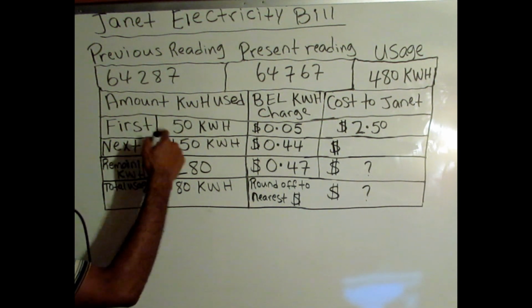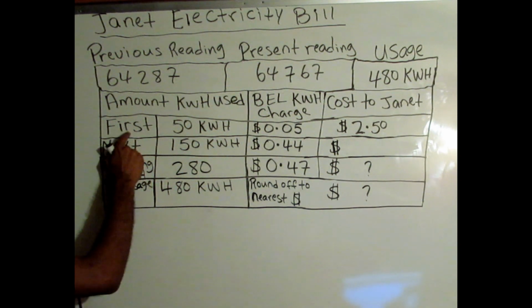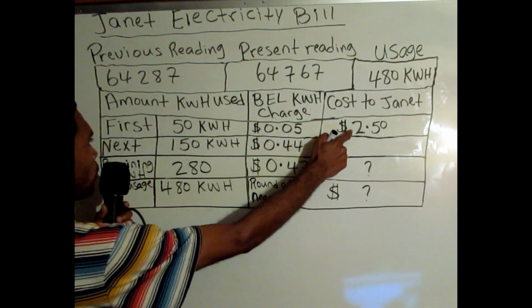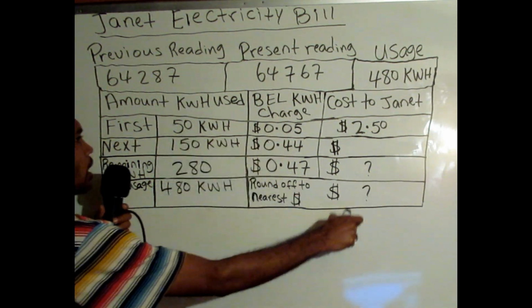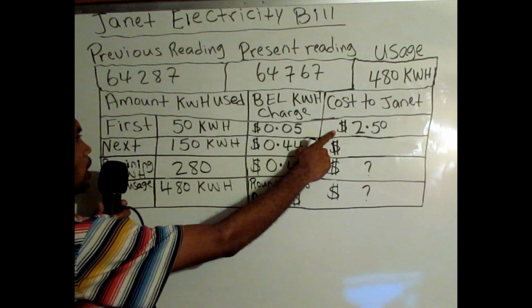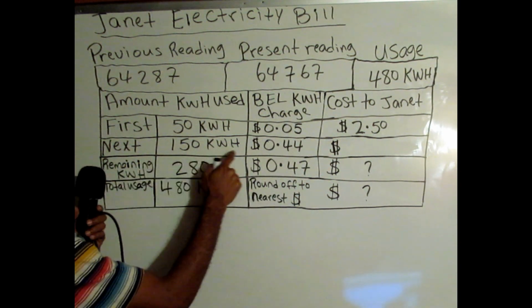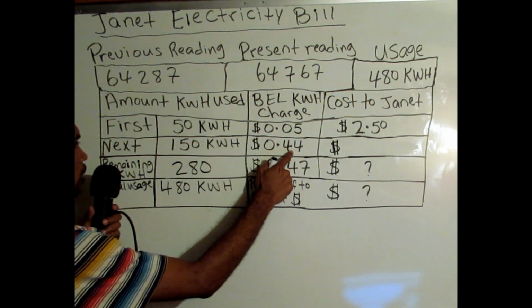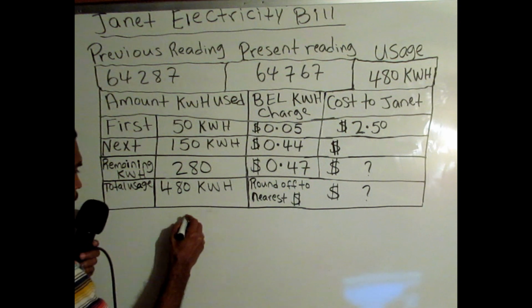Remember, part A will ask you to complete this chart. To continue, we don't have to solve this, because the problem already did it for us. Remember, I said earlier, it's 5 times 50, and the first 50 kilowatts is $2.50. Then the next 150 kilowatts is 44 cents per kilowatt, so we have to multiply 44 by 150.